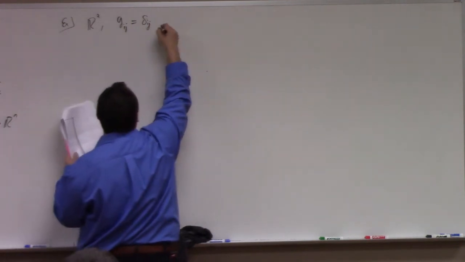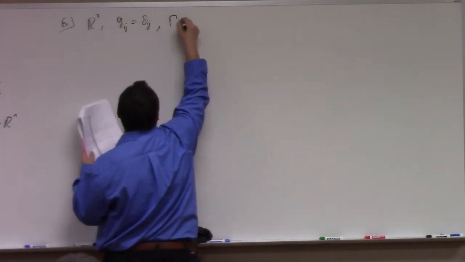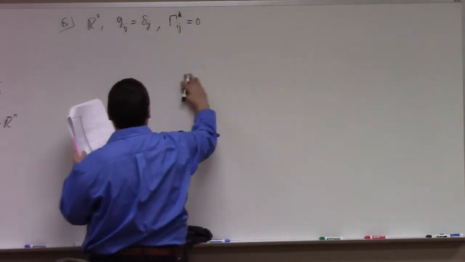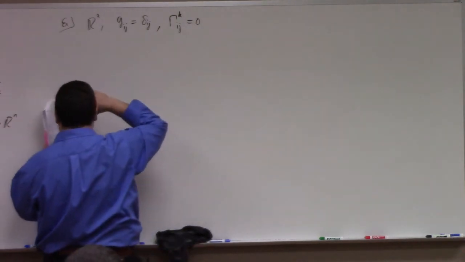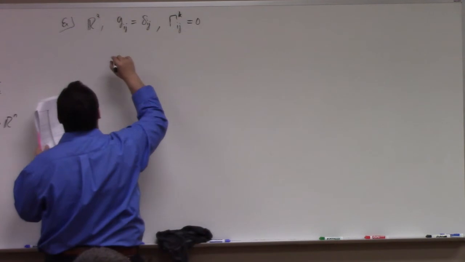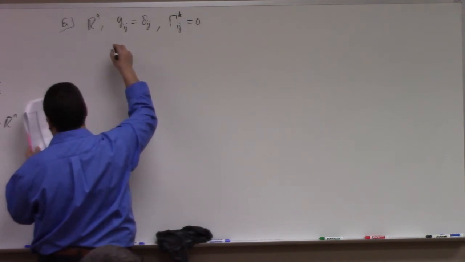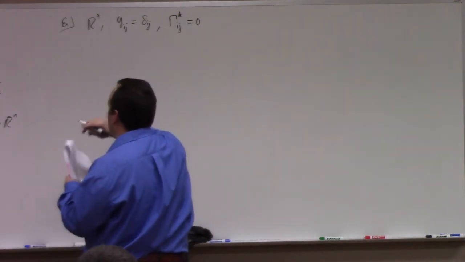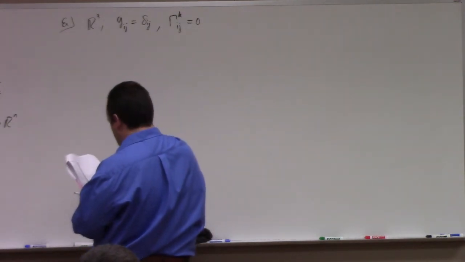Then of course we have gamma_ijk equal to 0. It's like half of my examples are this, right? And so if you're looking for a vector field which is parallel to a curve, what are you trying to solve then?